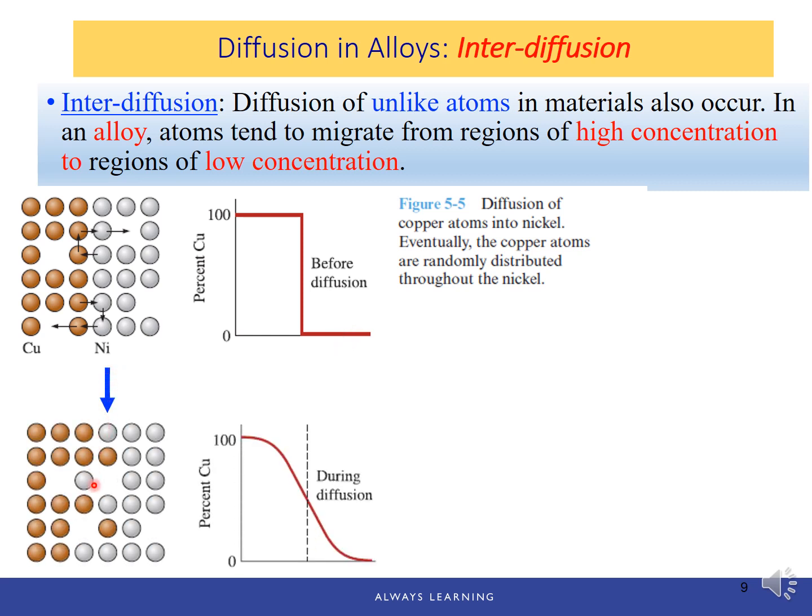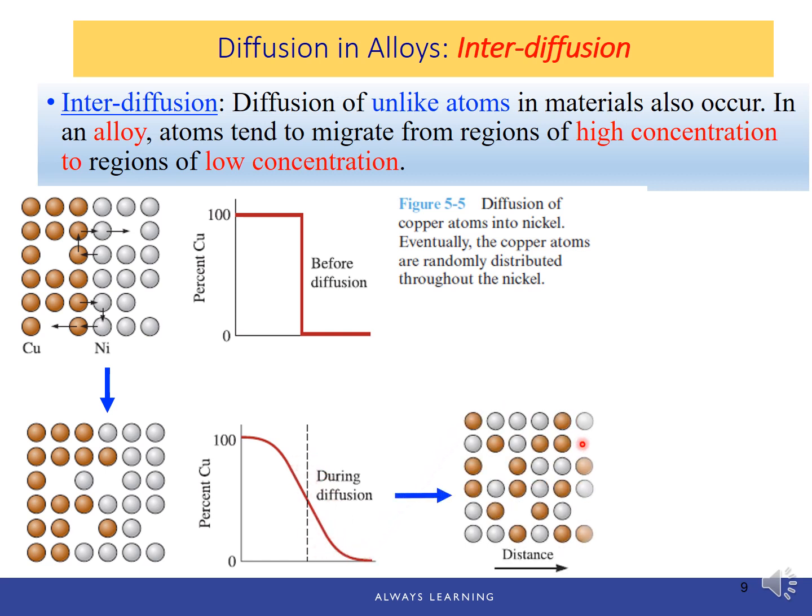After a short period of time into diffusion, we can see copper atoms start to migrate to the lower concentration region, which is the nickel region. Eventually, copper atoms will be randomly distributed throughout the nickel, where the concentration of copper is constant throughout the copper-nickel couple, and we have a copper-nickel alloy. At this point, there is no difference between the concentrations, or there's no concentration slope, or we can say the slope is 0. So the diffusion stops.